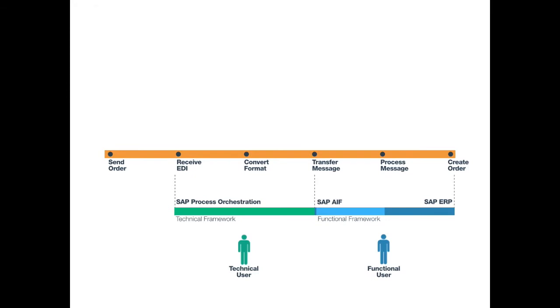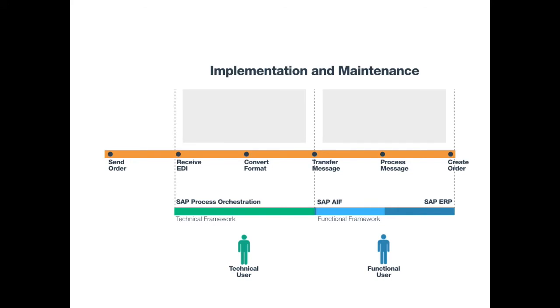Each of those two tools, that is, process orchestration and AIF, has its own role in a typical EDI interface implementation. Process orchestration is responsible for such activities as connectivity. Using its own set of adapters, process orchestration can connect to any source system using many types of protocols.